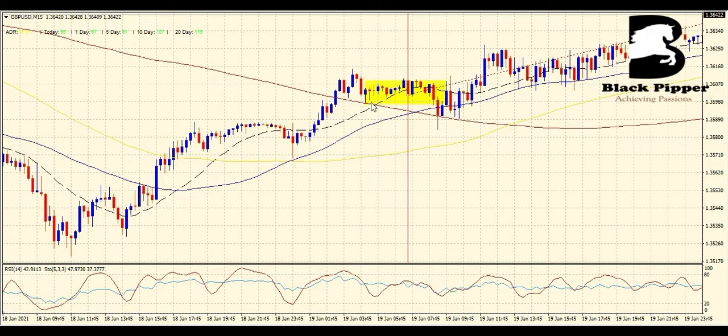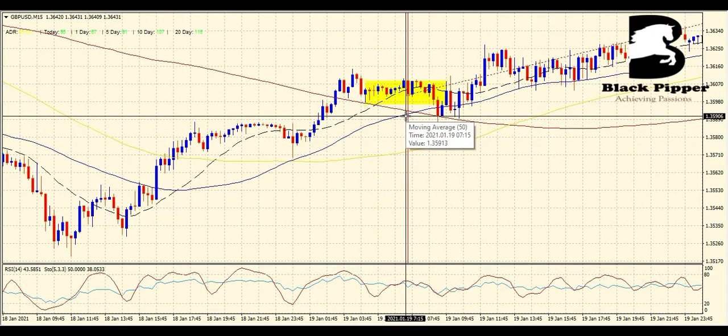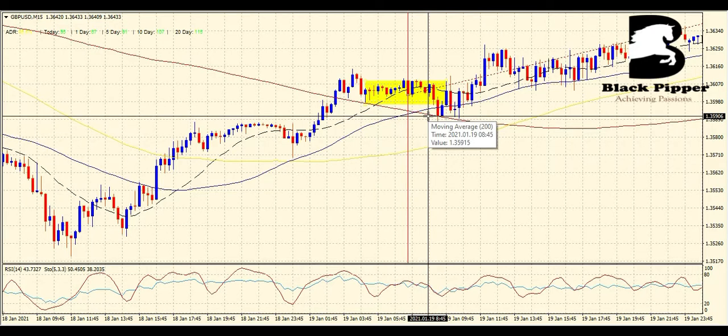Here is the consolidation, and it broke out at this level. The breakout occurred at 1.3590.